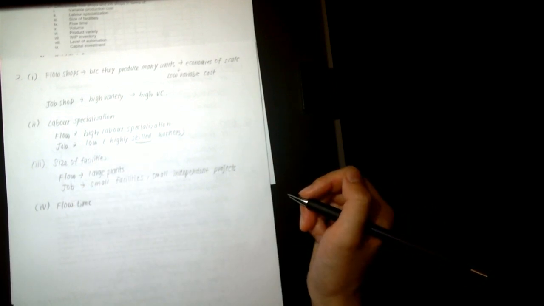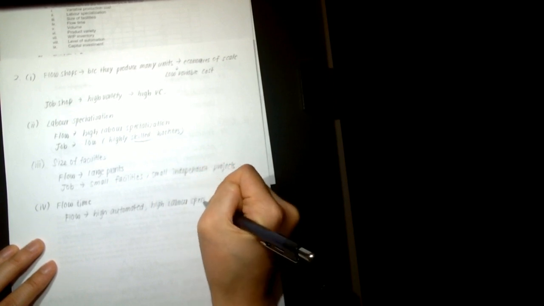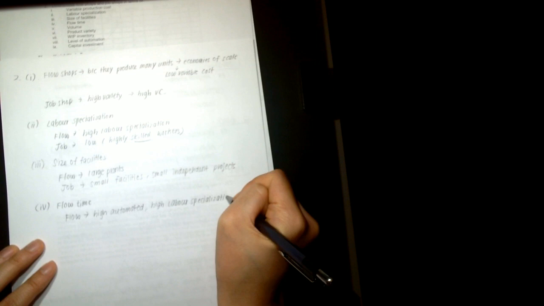Okay. Next we have flow time. Again, how long do they take to turn an input into an output and get it to the customer? For flow shop, since it is highly automated, with large plants and high labor specialization, this would mean shorter flow time.